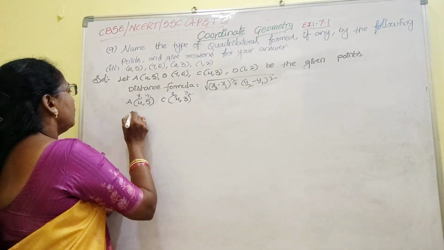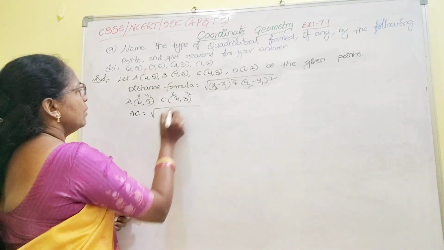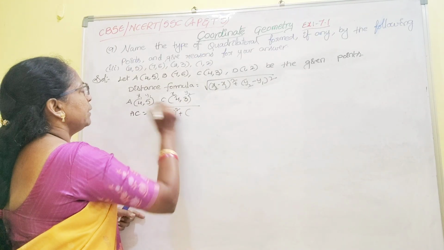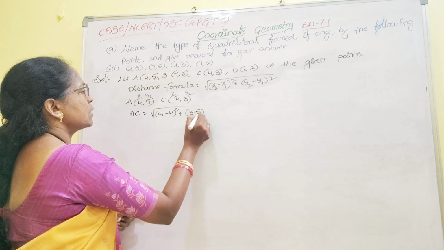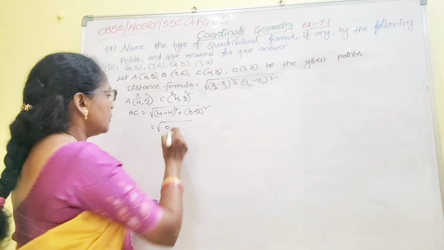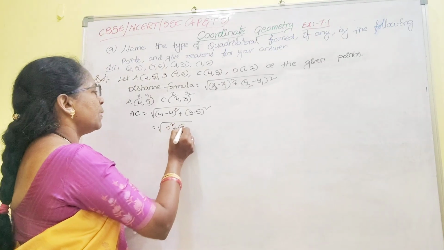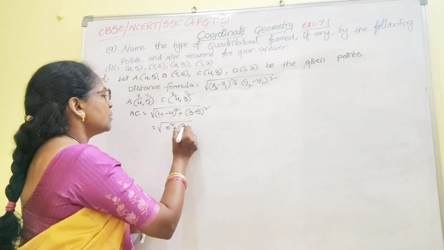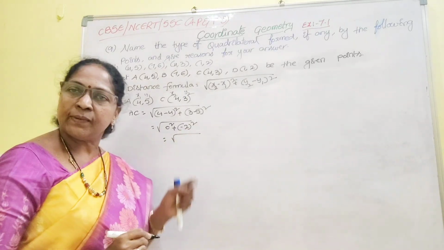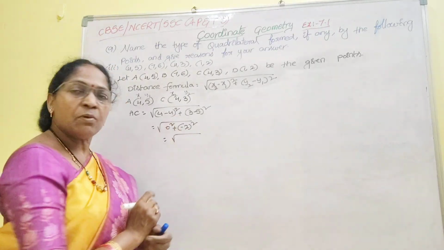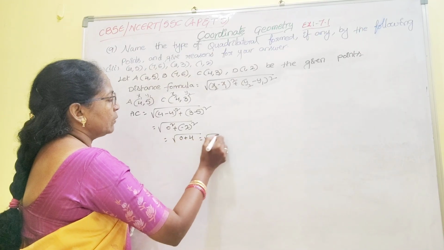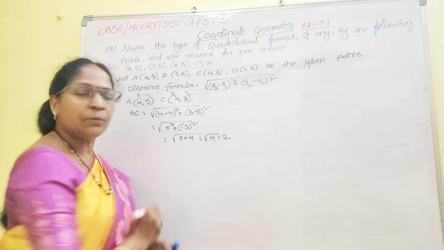AC equals square root of (4 minus 4) whole square plus (3 minus 5) whole square. That equals square root of 4 minus 4 is 0, so 0 square plus 3 minus 5 is minus 2, so minus 2 whole square. That equals square root of 0 square, which is 0, and minus 2 whole square equals 4. So 0 plus 4 equals square root of 4 equals 2.